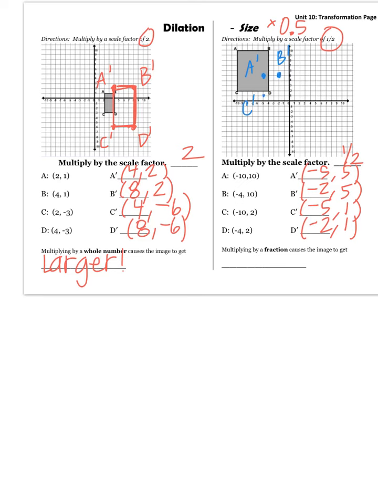And D prime is negative 2, 1. So multiplying by a fraction causes the image to get smaller. In this example here, this rectangle is half of its original size.